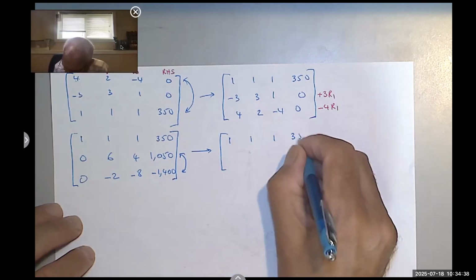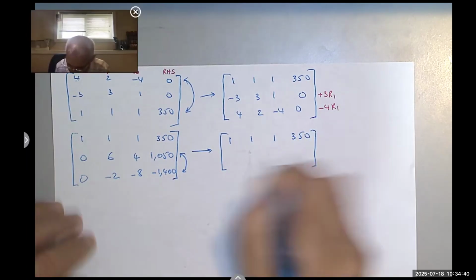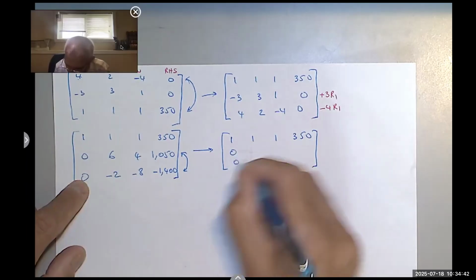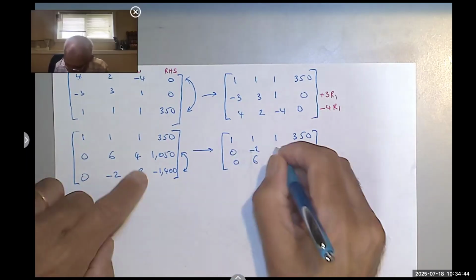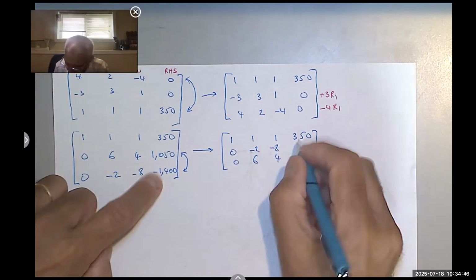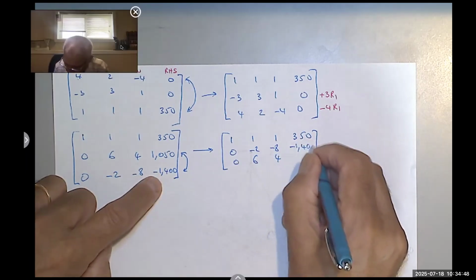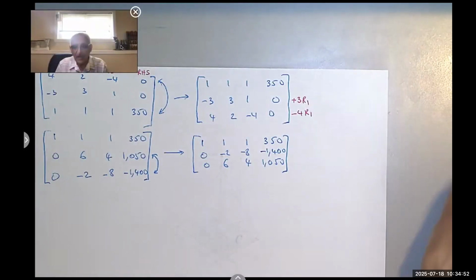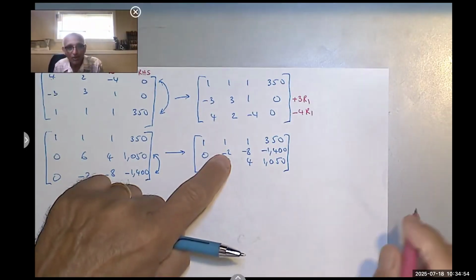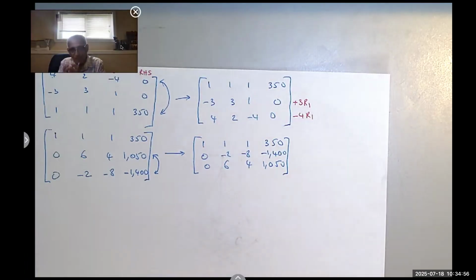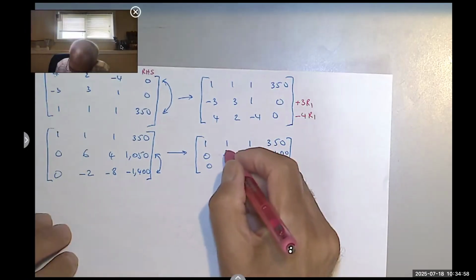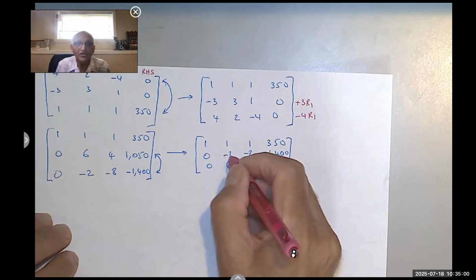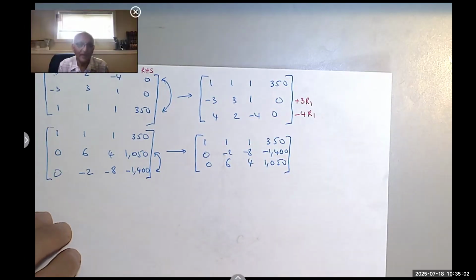So the first row didn't change. I simply write these as negative 2, 6, negative 8, 4, negative 1400, 1050. And now I want to make that 1. Notice, when you start a new column, if the main diagonal entry is not 1, you divide by that number to make it 1.